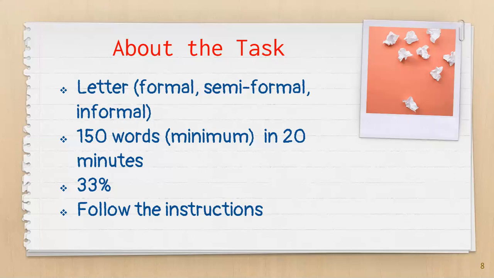Then the last one is the informal letter, and this is usually written to friends, to classmates, and to colleagues at work. So like I said early on, you would need to read the question to understand who is to receive your letter. Then it may be a formal, semi-formal, or informal letter.